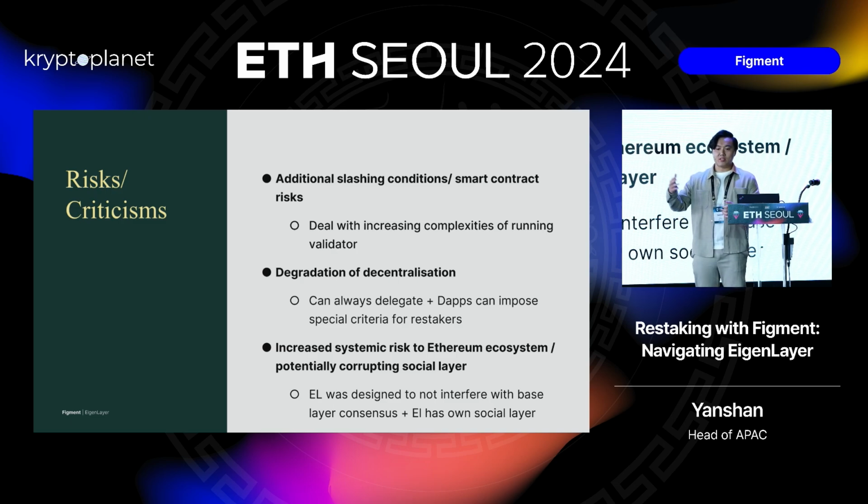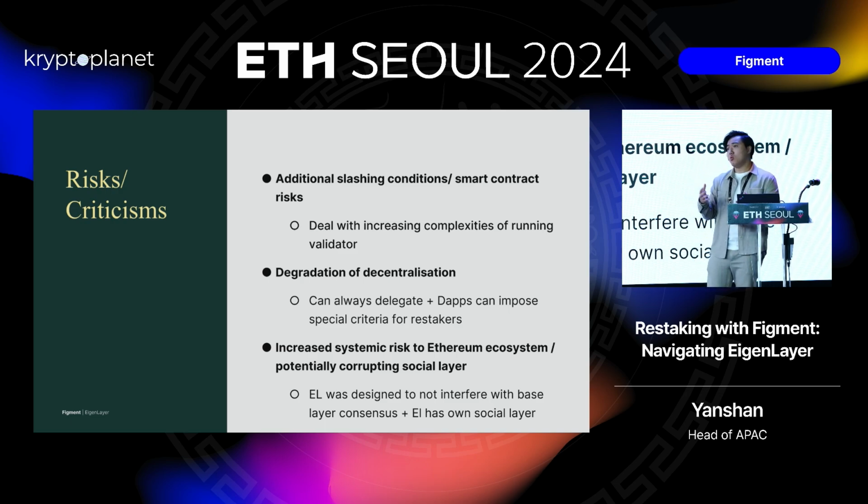If you think about it, if let's say there's a major slashing incident and it cascades down to cause many of the validators going below 32 ETH, right? And causing huge slashing risks to the base layer as well, right?